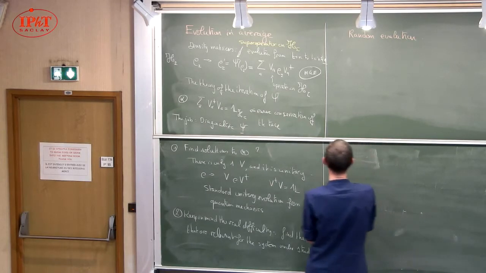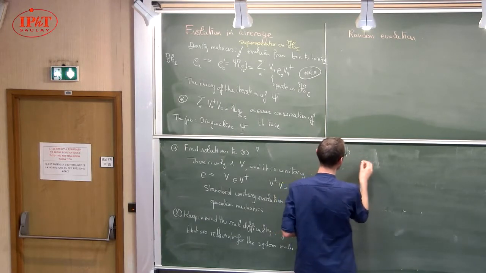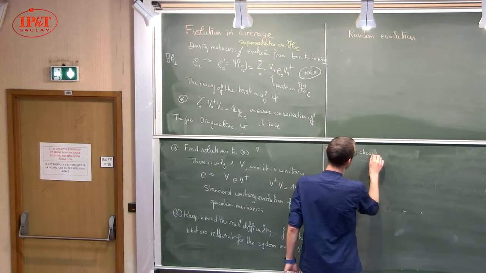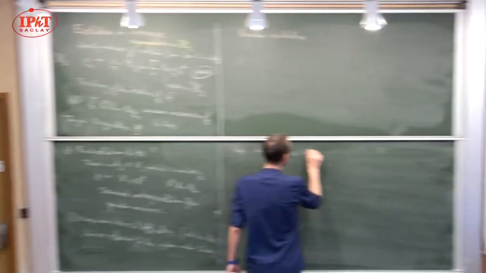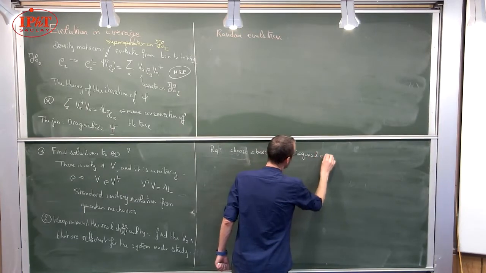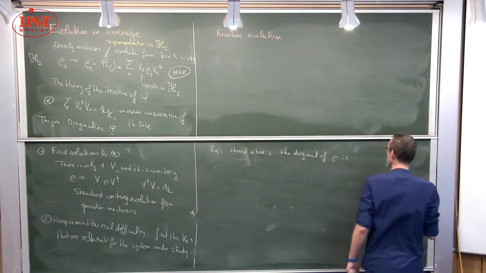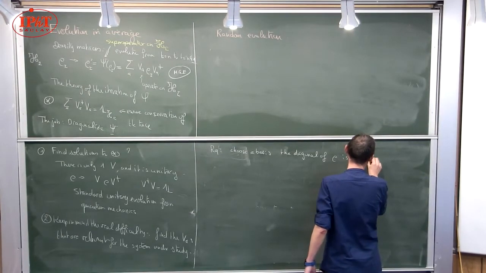First of all, one remark that one should make is that if you choose a basis, then the diagonal of rho is a probability vector.